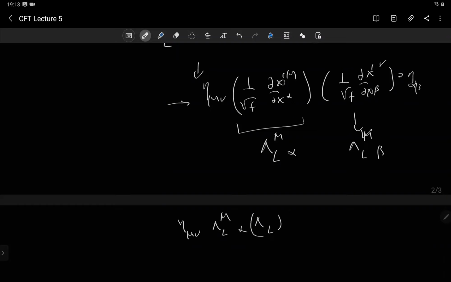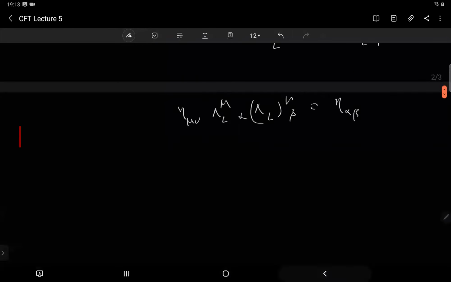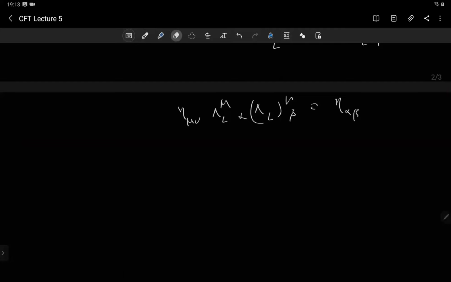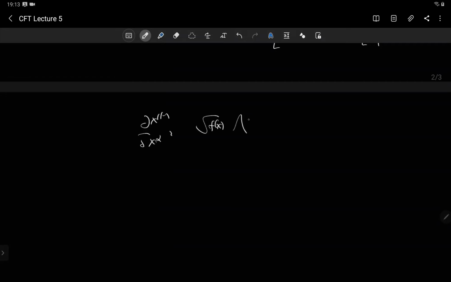This L means Lorentz. So from here we can immediately see that a conformal transformation, which is del x prime del x alpha, is up to a local factor a Lorentz transformation.